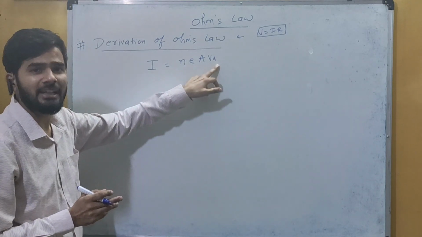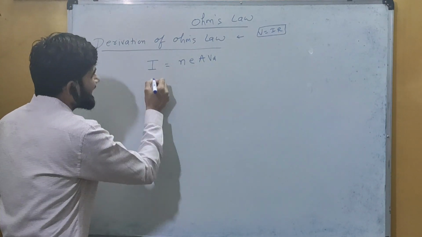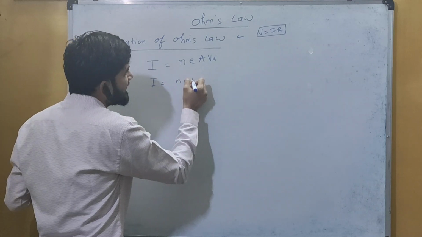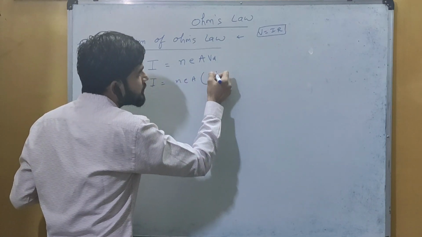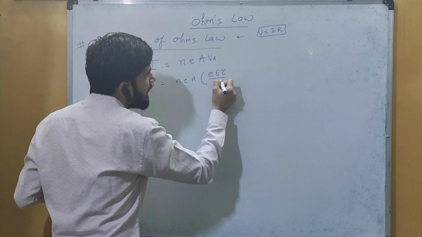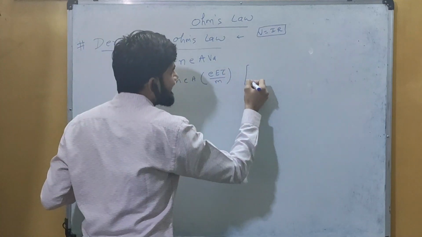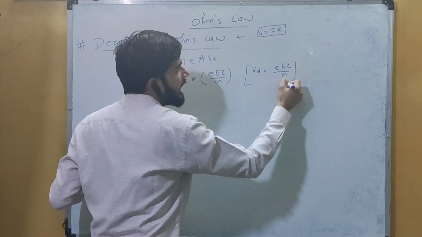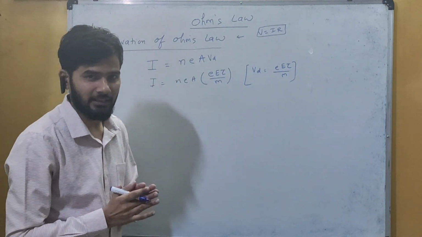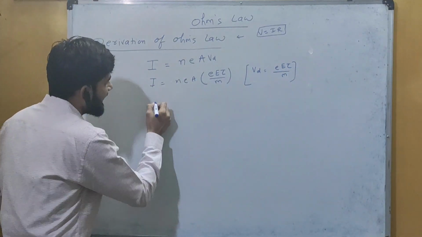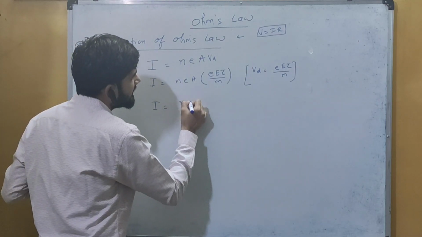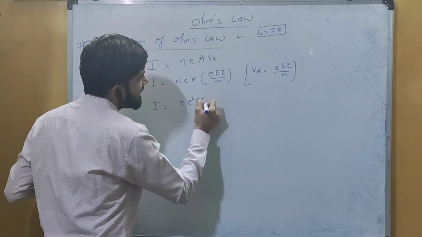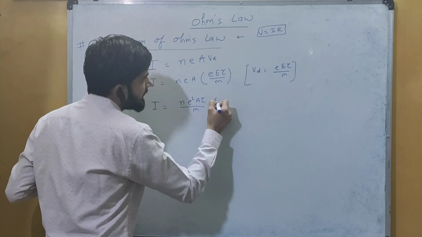Now here v_d is the drift velocity, so I can write I is equal to NeA times v_d, where v_d is equal to eEτ by m. Here I am not considering the negative sign. So I can write I is equal to N e² A τ by m into E.